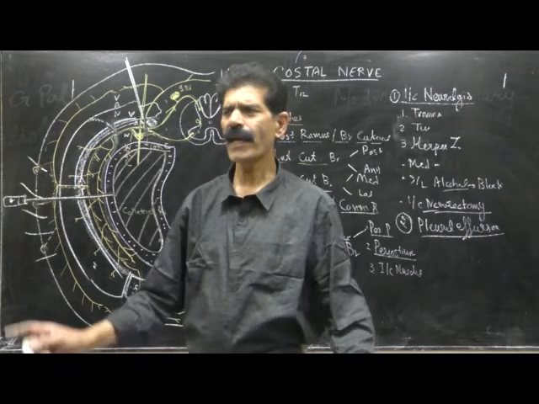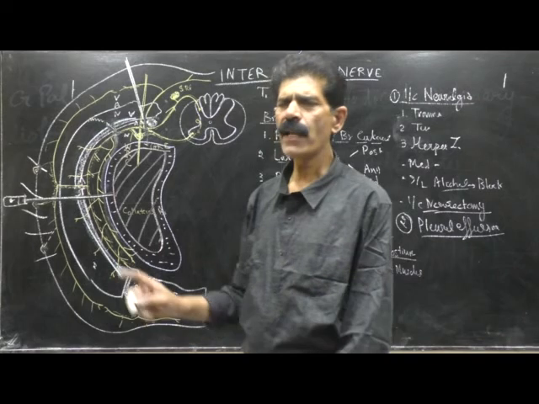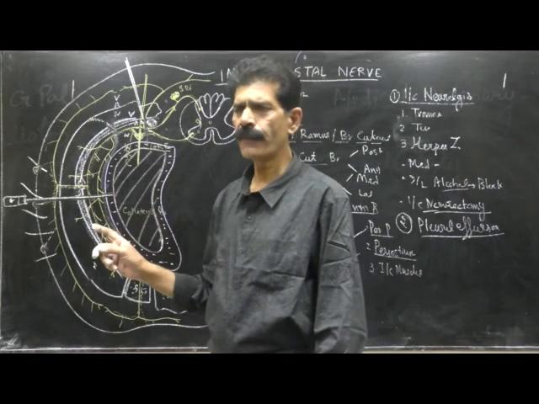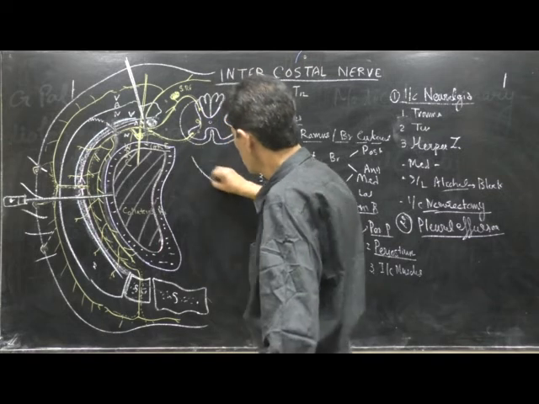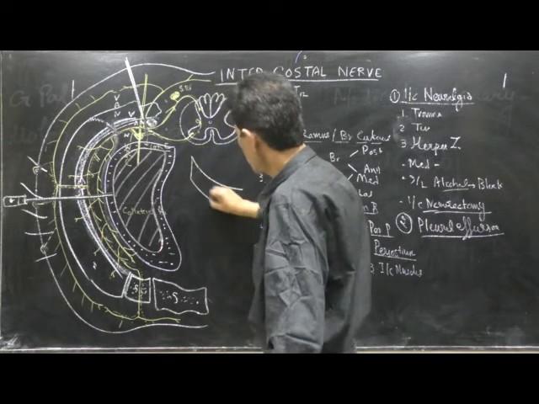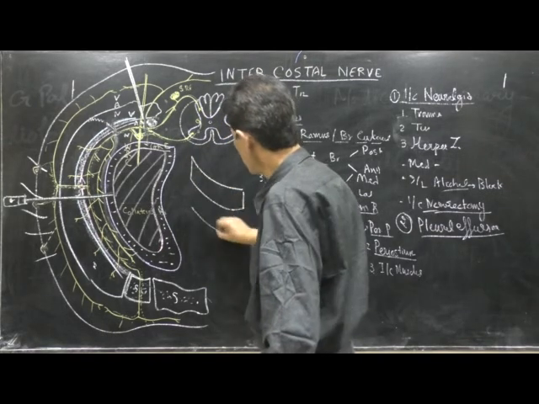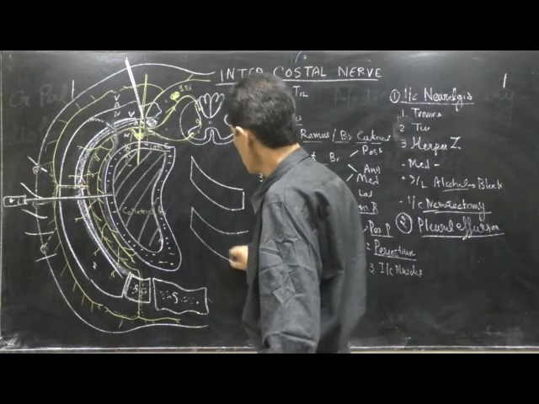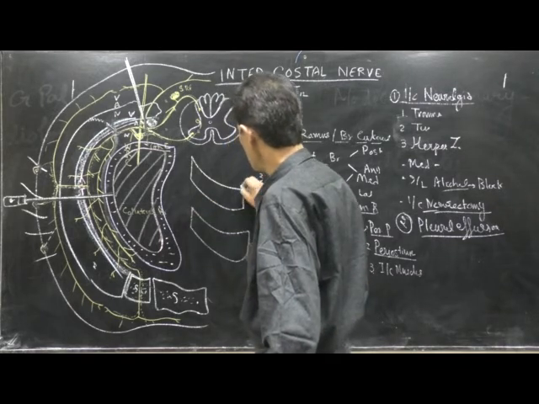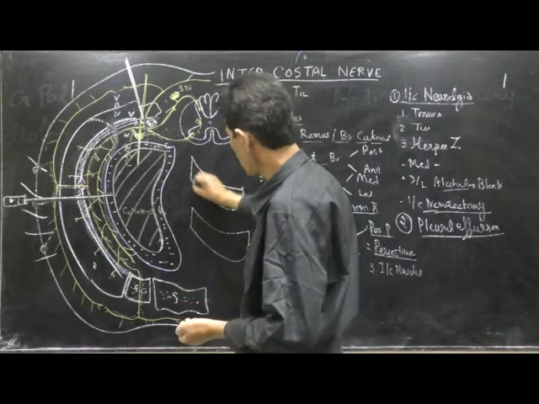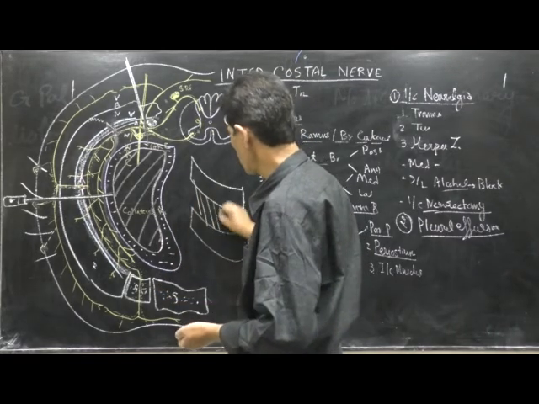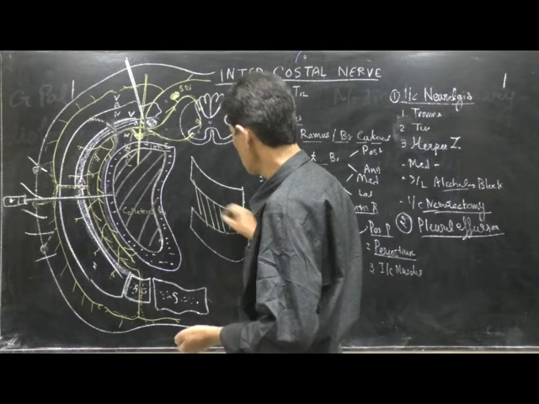So a precaution has to be taken while withdrawing the pleural fluid from the intercostal space. As we know the anatomy of the intercostal space, there is a space between the two adjacent ribs, and there lie the muscles, the external intercostal, internal, and all other muscles.